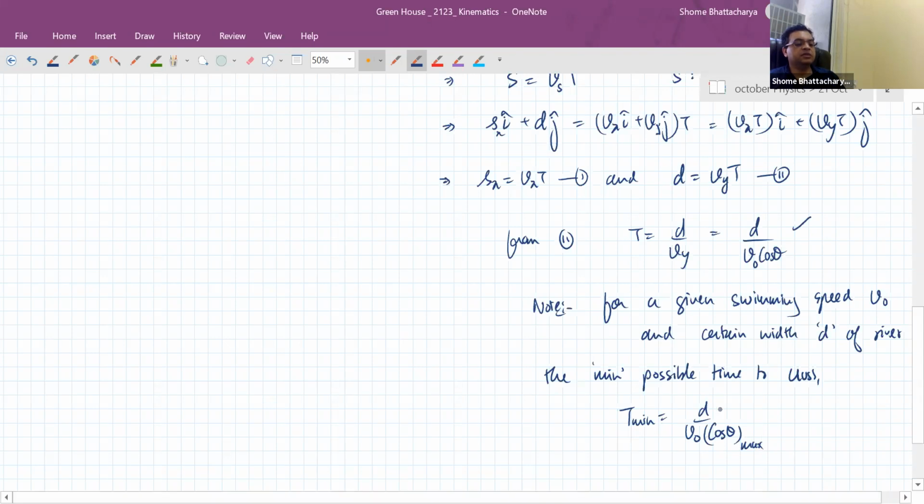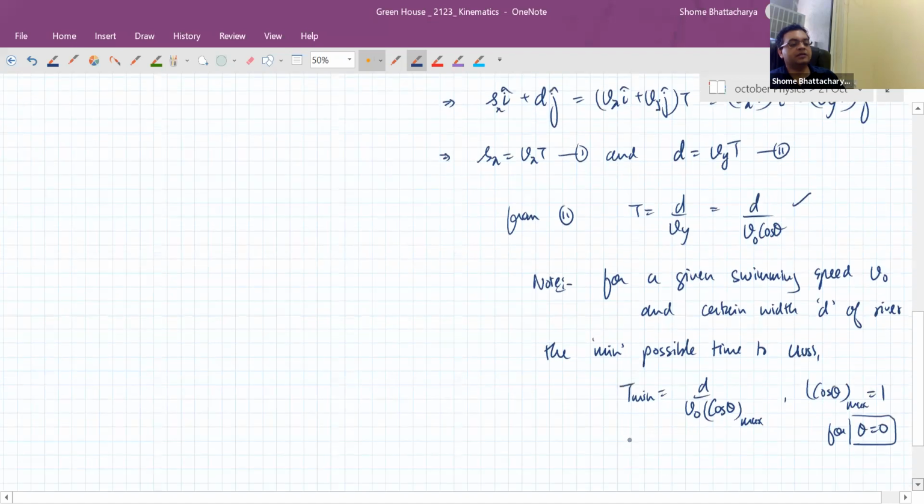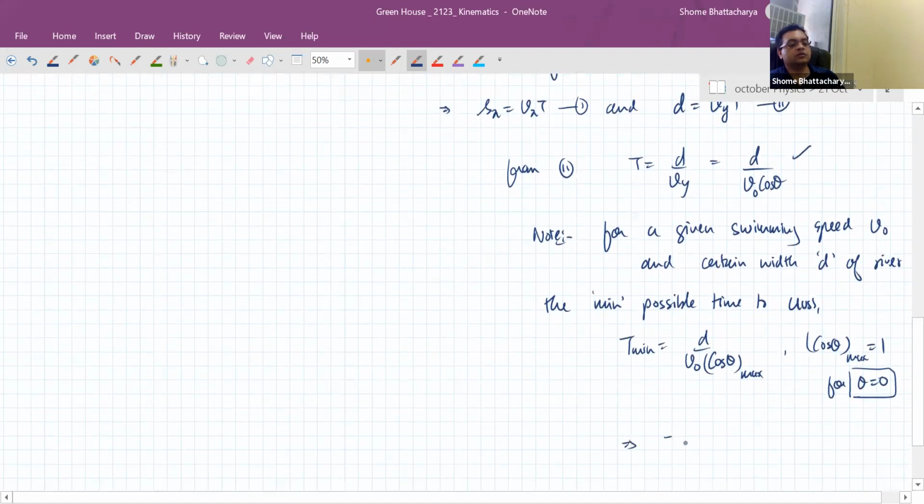T will be minimum when the quantity in the denominator is maximum. Cos theta's maximum, as you know, is unity for theta equal to 0. This is the important thing. So the minimum time taken to cross the river is d by V naught.